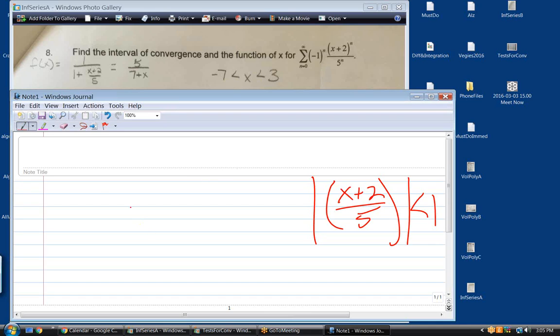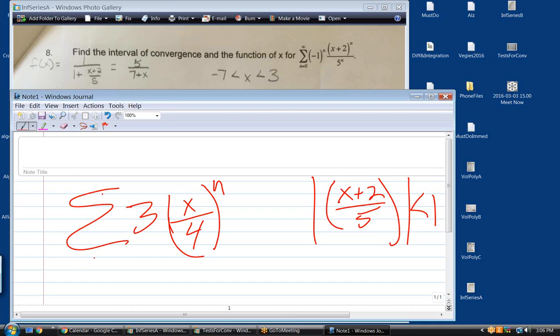A typical geometric series maybe has a number there, and let's say you have x over 4, going from 0 to infinity. This is going to be convergent whenever the absolute value of that is less than 1. So x could be 3. So the interval of convergence might be -4 to 4.